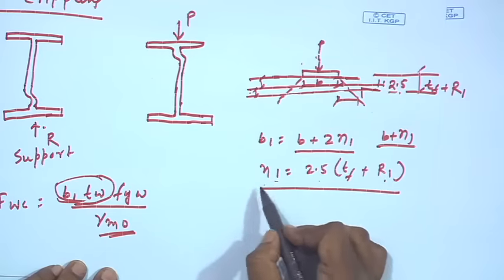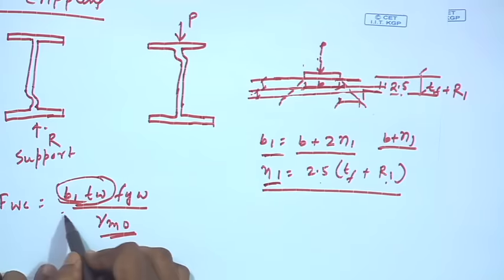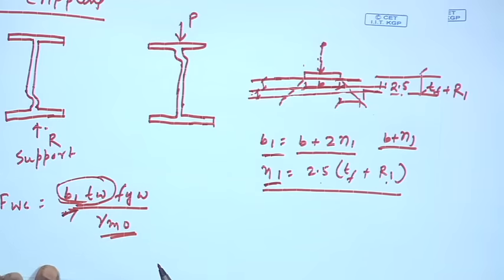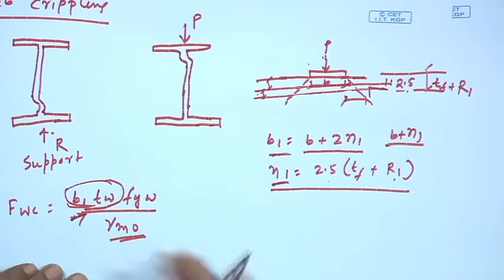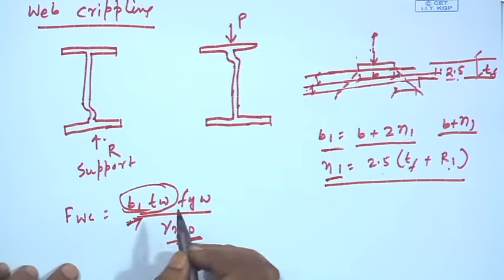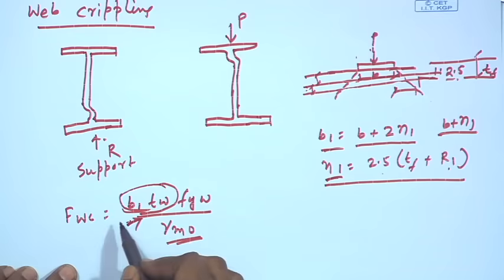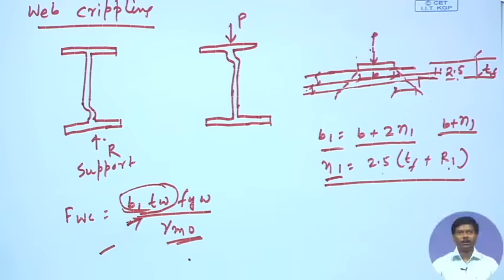Once we find the dispersion length, we can find the total length b1, and then we can find the Fwc, the web crippling strength. If this web crippling strength is more than the load coming onto the member at that point, then it is fine. Otherwise, we have to increase the section or increase the web width, so that web crippling can be avoided, right.